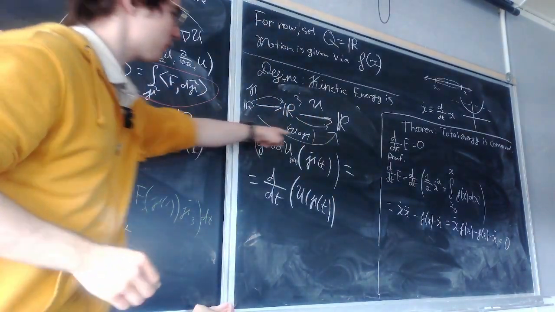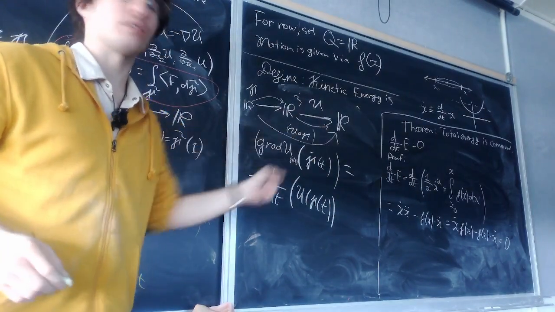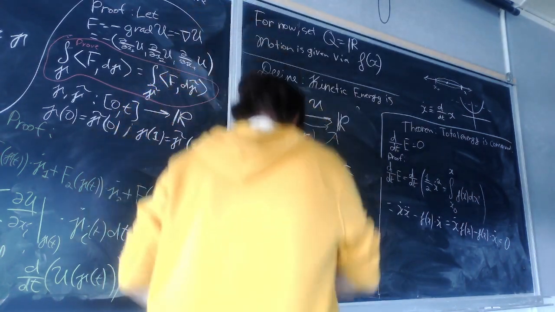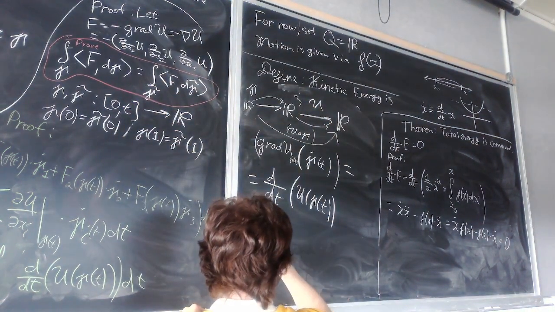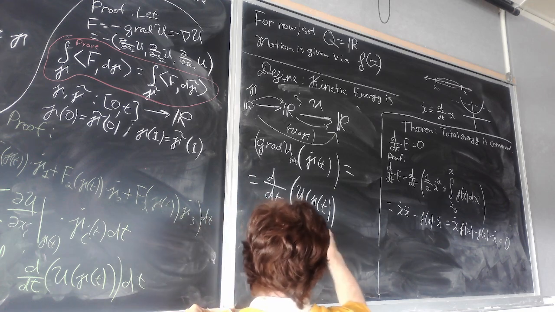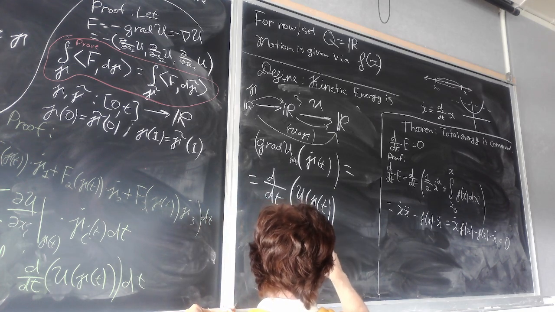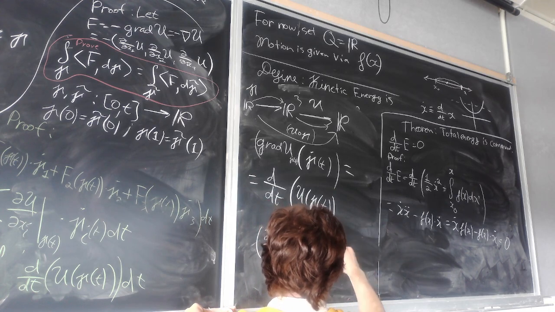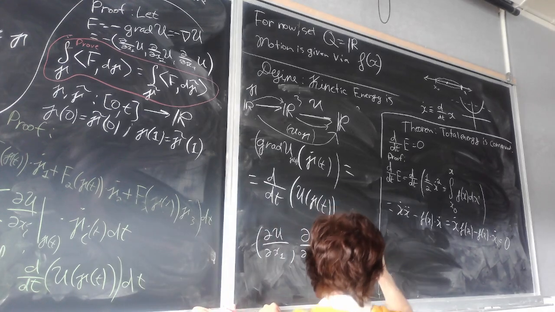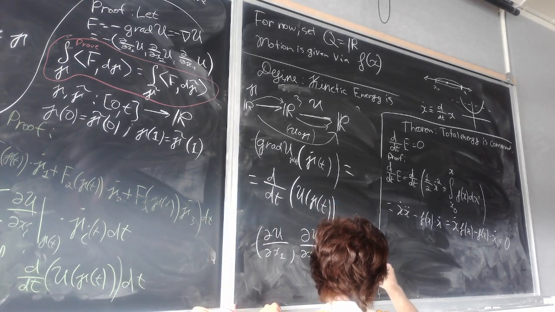And so if I was to explicitly write this out in coordinates, right? What is grad of u at gamma t? Grad of u is just du/dx1, du/dx2, du/dx3, evaluated at gamma of t.